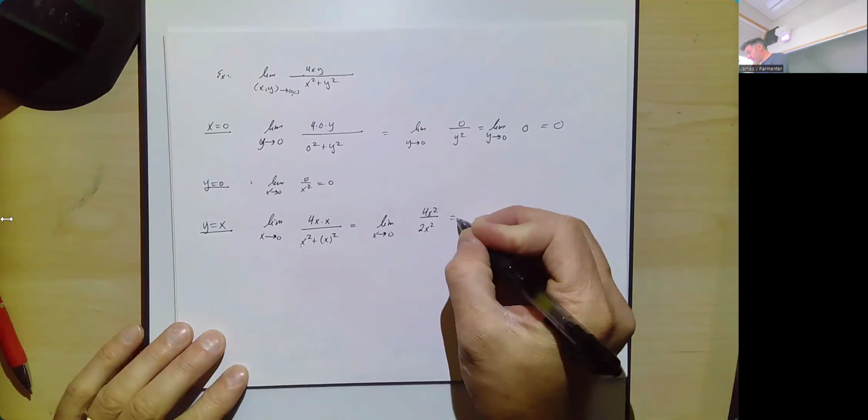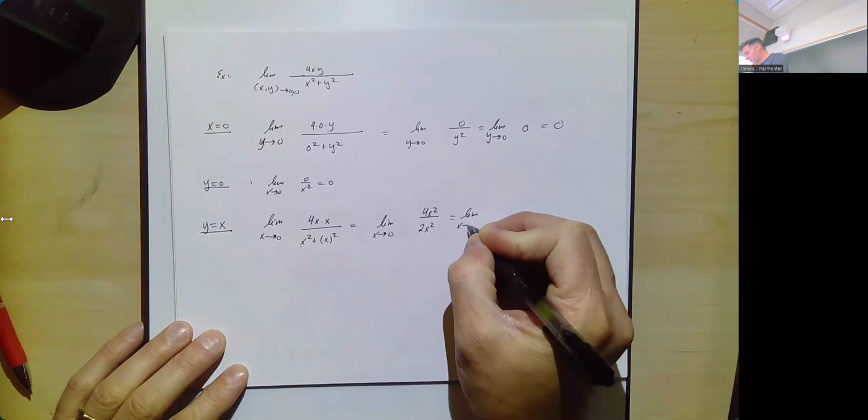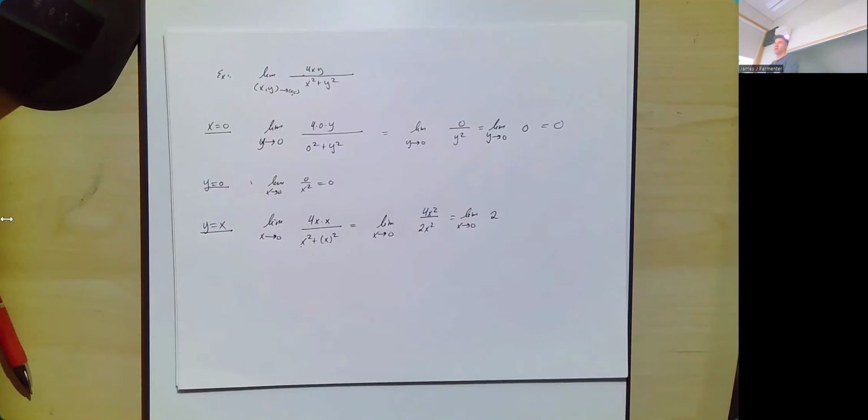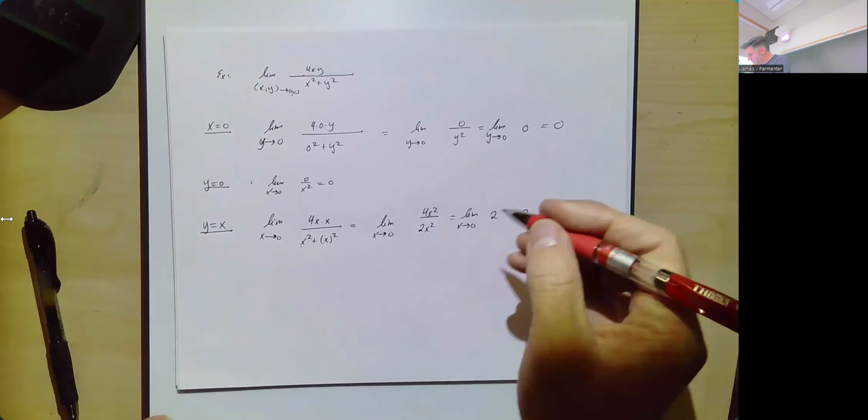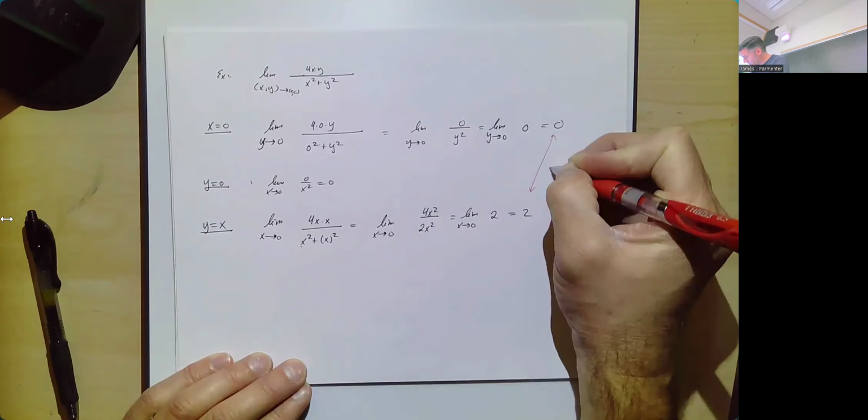This is going to be the limit as x approaches 0 of 2. And as we've seen a couple times now, the limit of a constant is just that constant. Doesn't matter what x is approaching, 17. The limit as x approaches 17 of 2 is still 2. And therein we see, oh, those aren't the same. So the limit doesn't exist.